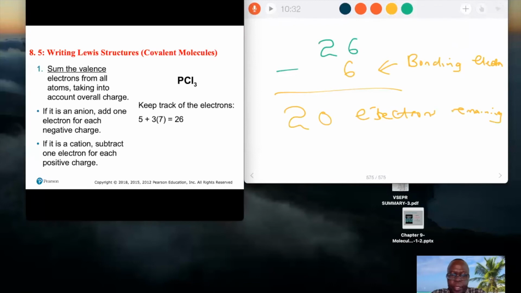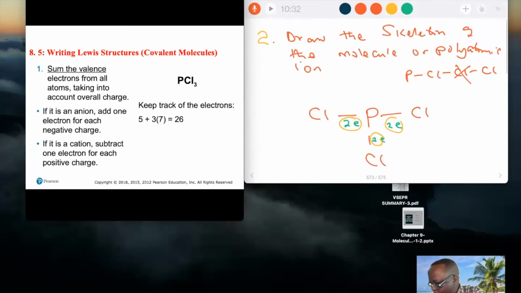Now, out of this remaining, based on rule number 3, we need to give it to the external atoms such that the octet rule is obeyed. So I need to give each chlorine 6. The octet rule is obeyed by the first chlorine.